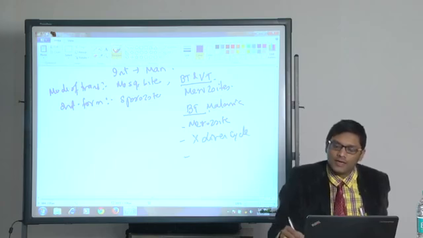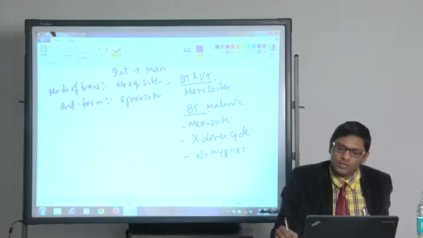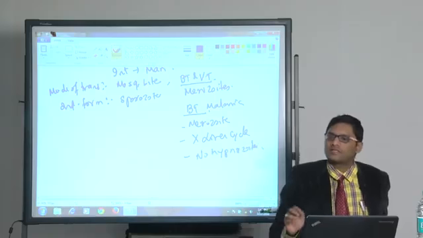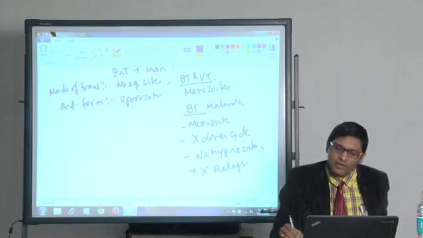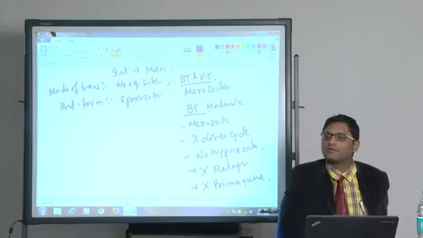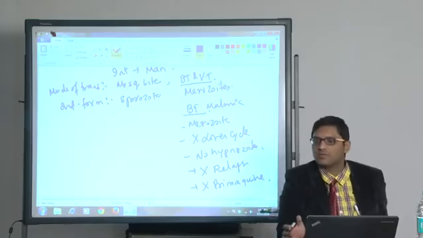If there is no liver cycle, there are no hypnozoites. Hypnozoites are the dormant stage in the liver. If there is no hypnozoite, there is no relapse. If there is no relapse, there is no need to give the drug of choice for relapse, that is primaquine. All these are the differences between transfusion associated malaria and mosquito borne malaria.